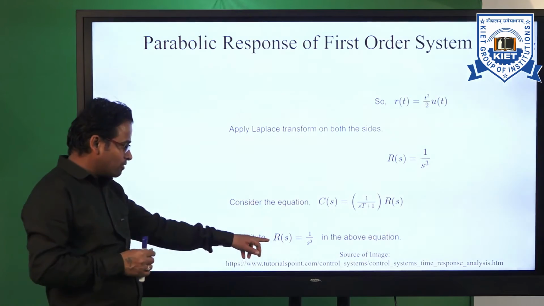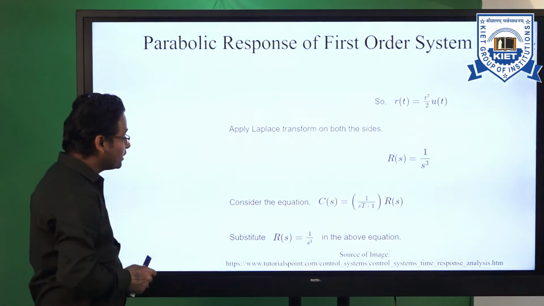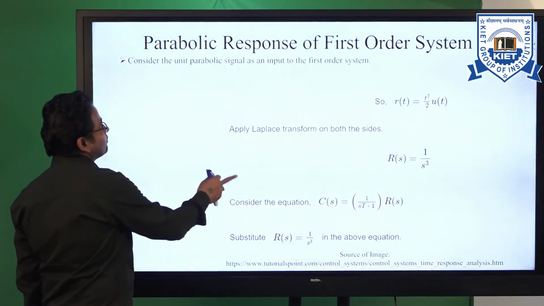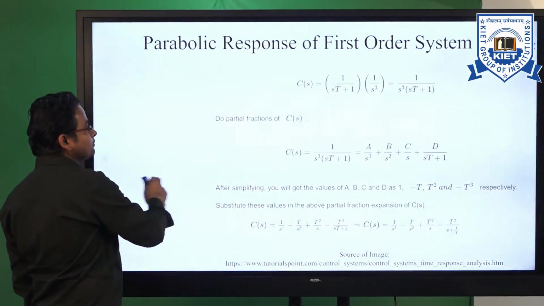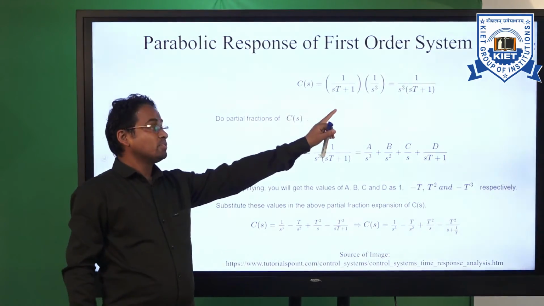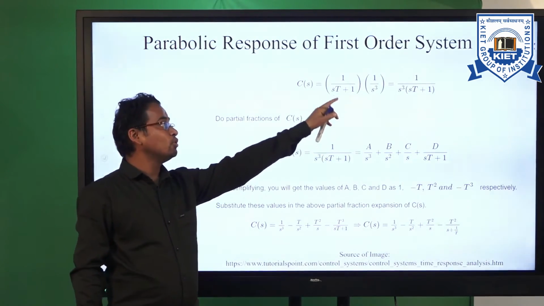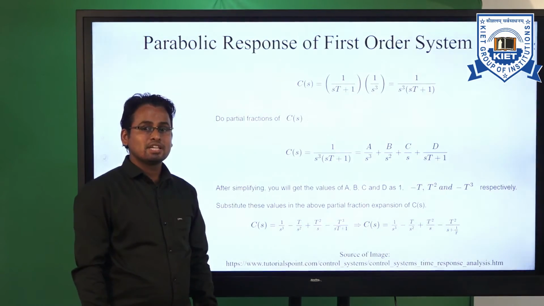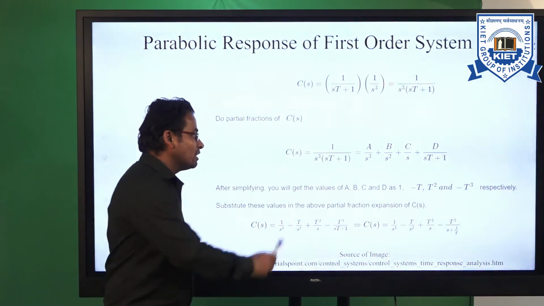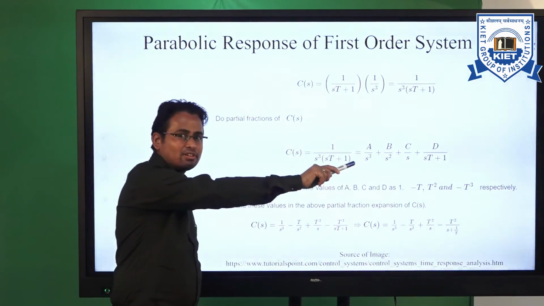So substitute the value of R(s). Come to the next. That is the parabolic input. Now again look at this particular equation. Here we have put the value of R(s), 1 by s cube. Now again I am applying the partial fraction.